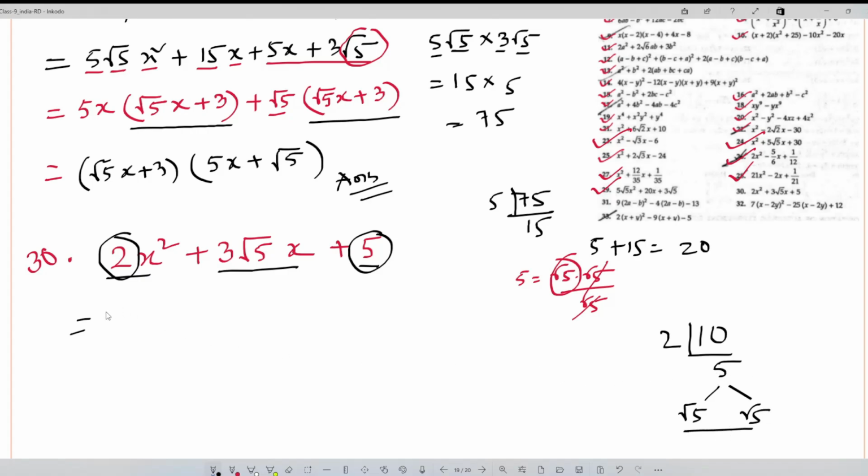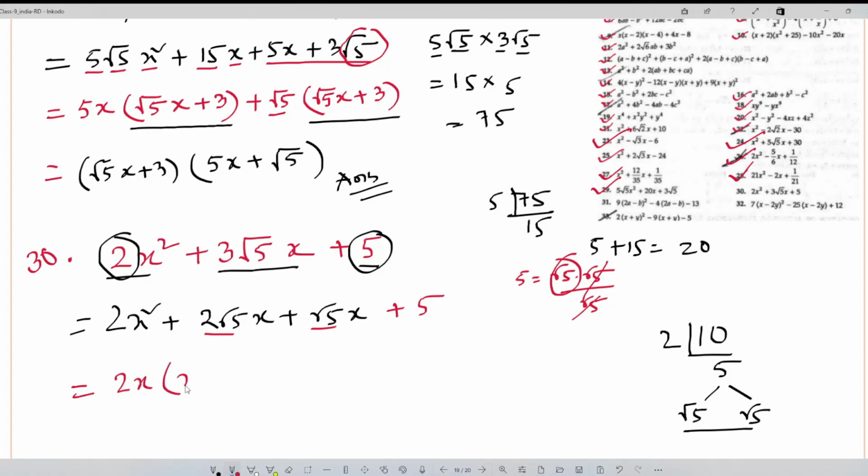Now look, 2x square and here is 3 root 5. So we can write it like this: 2 root 5x plus root 5x. Okay, here is 2 root 5 and 1 root 5, so once we add, it will become 3 root 5, and here is x and 5. Now we can take common 2x.